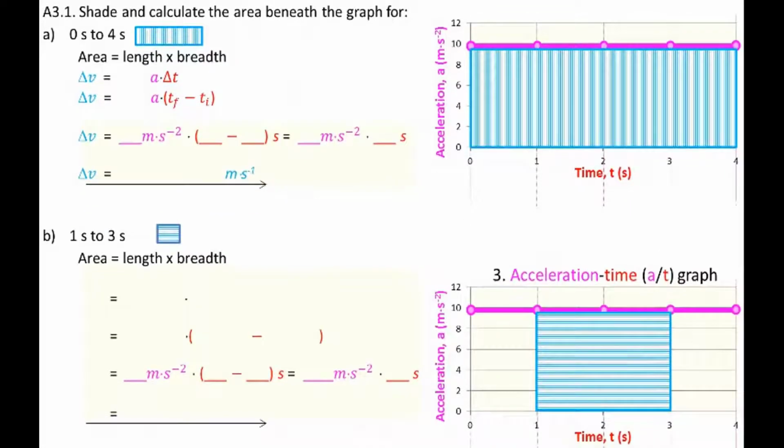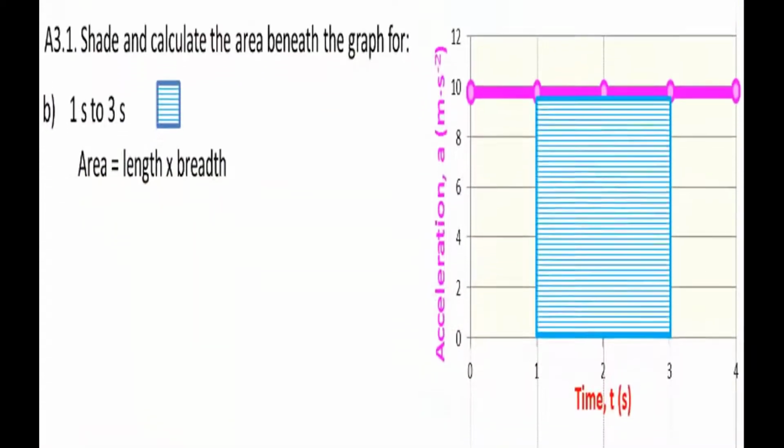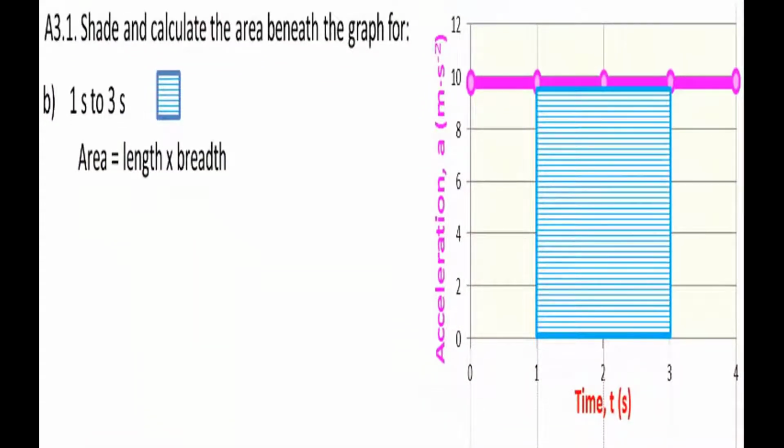Now let's get the area for the interval 1 second to 3 seconds. So we can see that this is a smaller rectangle. Area is equal to length times breadth. The area means the change in velocity, the length is the acceleration, and the breadth is the time duration. We can see that it's 2 seconds long, but let's substitute it into the full equation, t final minus t initial.